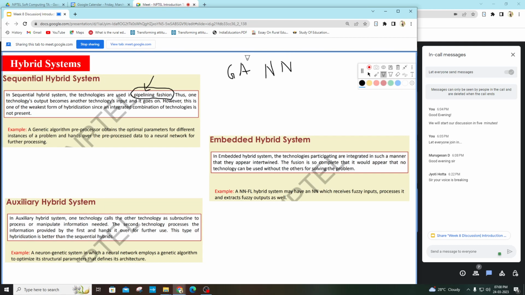First we calculate the output with GA, let's say the output from GA is O1. Now we use this O1 as an input for the NN.